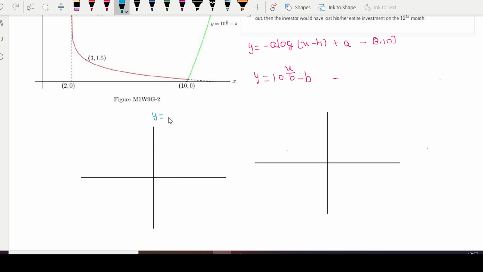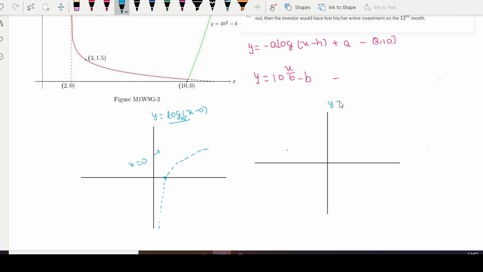For y is equal to log x, here we are taking base 10, the log function looks somewhat like this. Here x equal to 0 works as the asymptote of the logarithmic function. We can also write this as log x minus 0.